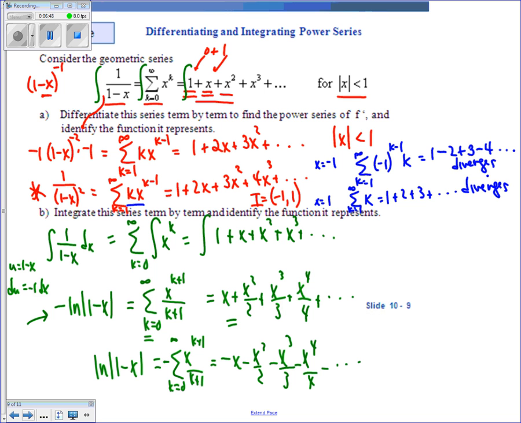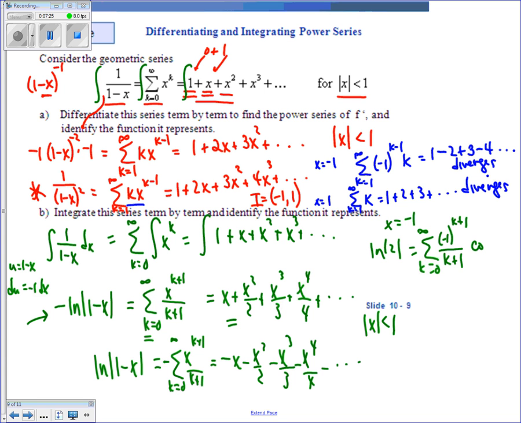Okay, and my interval of convergence here again starts off with the absolute value of x less than 1, same as what we started with, but let's check the endpoints. If x is equal to negative 1, I'm going to have natural log of 1 minus negative 1, so natural log of 2, equal to a summation of, putting in negative 1, negative 1 to the k plus 1 over k plus 1, which is our alternating harmonic series.